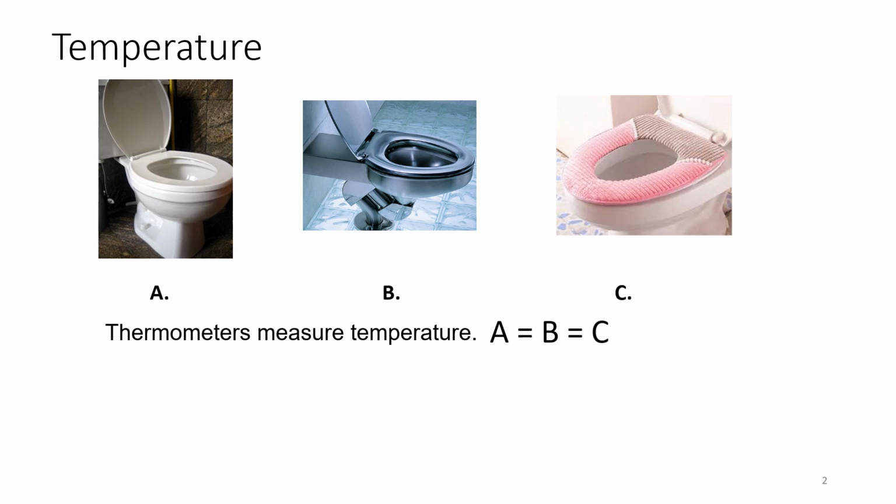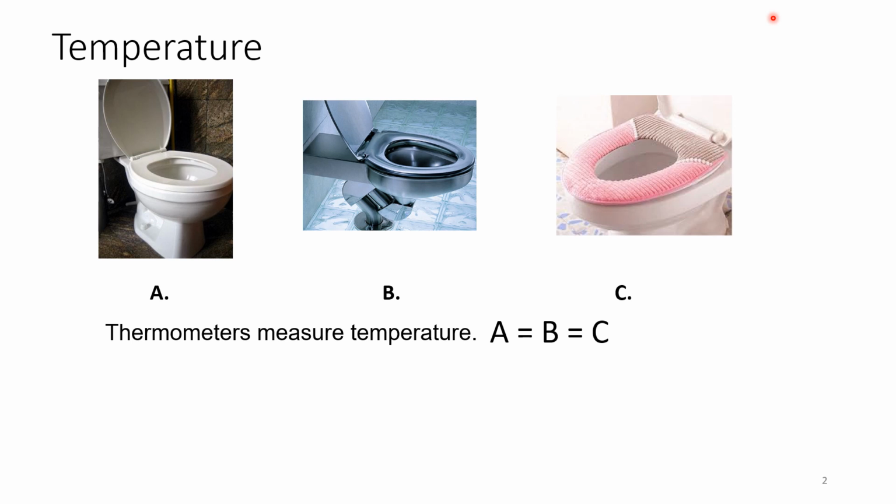You might still remember this example from last chapter's PowerPoint. We know that by thermometer, the temperature of these 3 toilet seats are the same. But why do we all tend to feel that the metal seat in B is the coldest, while the seat with the cover in C is the warmest?